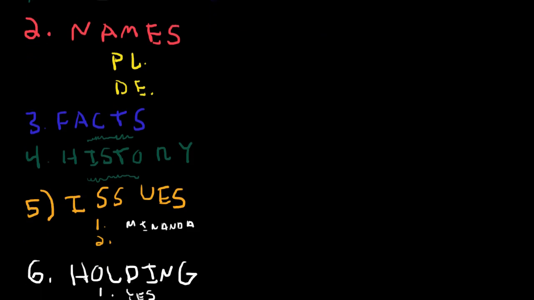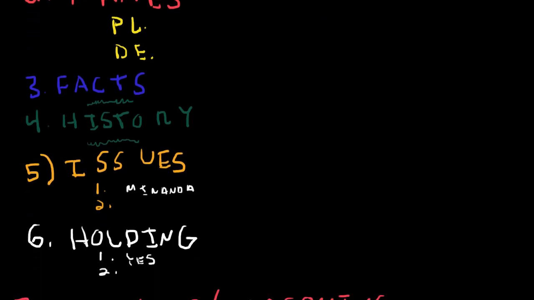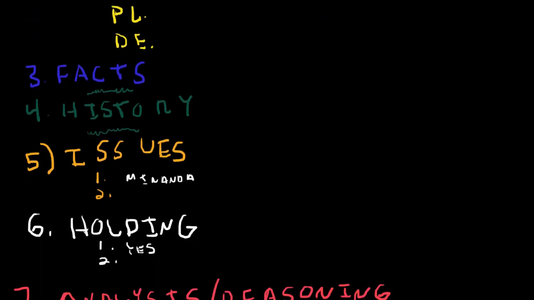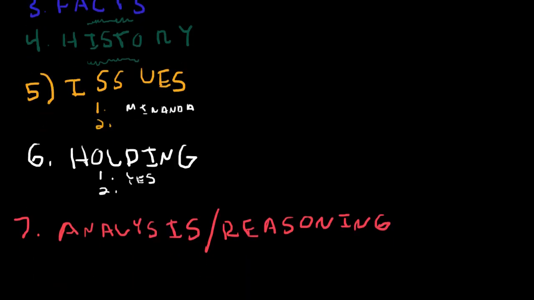The issues. What are the issues that were raised? And if you have 2 issues, remember that the holding, which is what the courts decided on those issues, should have equal numbers as you do issues. And then you have your analysis and reasoning, which is why did the courts decide?